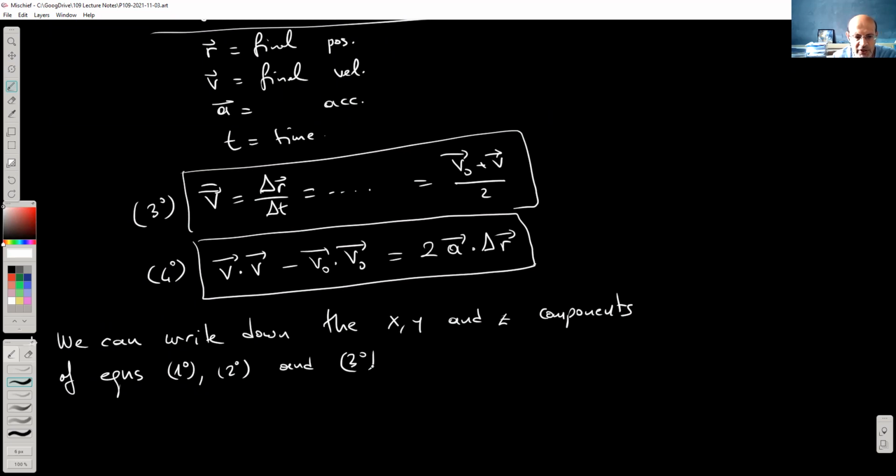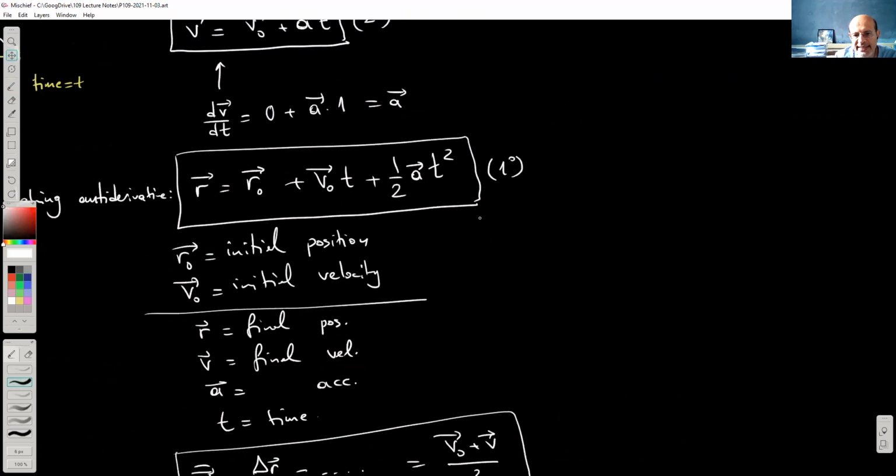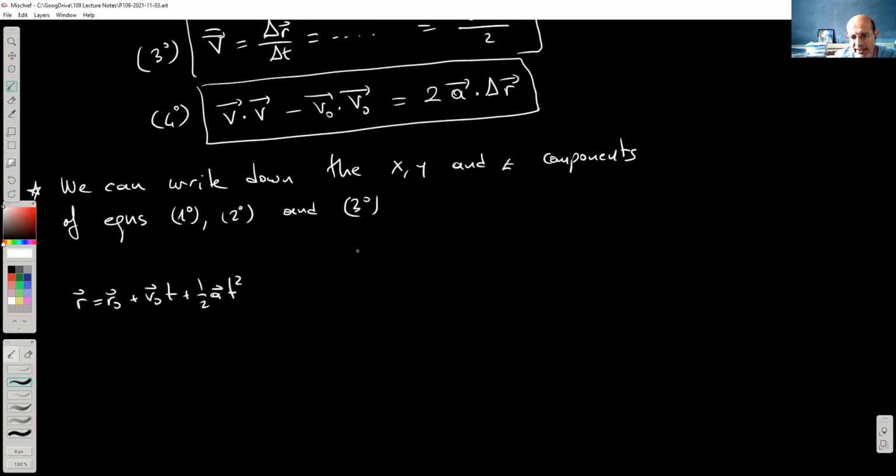Let me answer that question later. So, for example, just take the equation 1, all right? I'm just going to repeat the equation here. So that's R is equal to R0 plus V0t plus 1/2 of AT squared, right? So I can actually write this thing down as an equation.